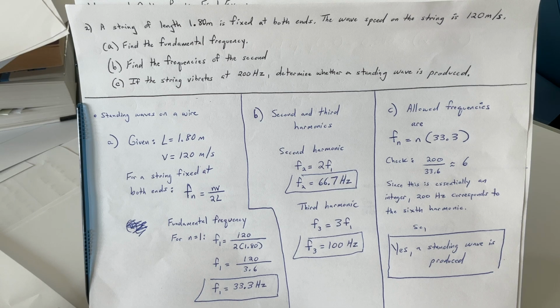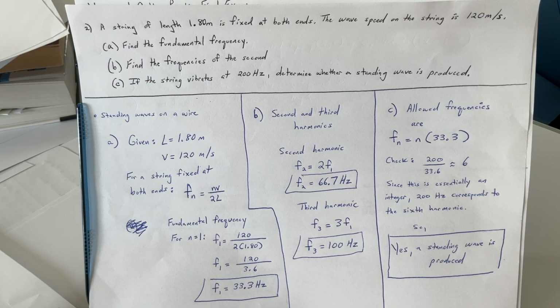For part A, given L is 1.8 meters and v is 120 meters per second, for a string fixed at both ends we use f_n equals nv over 2L. The fundamental frequency for n equals 1 is f_1 equals 120 over 2 times 1.80. Substituting and simplifying, f_1 is 33.3 hertz.